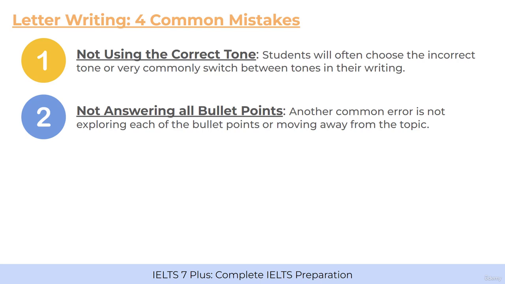So it's about remaining focused, looking back at the bullet points, making sure that we've done a good plan, which of course we've already learnt about in this section of the course. So make sure that you're sticking to the question, you're answering bullet points, and you're really being careful with the different ideas you're exploring. Okay, so both of these are very important for IELTS General Task 1 letters.